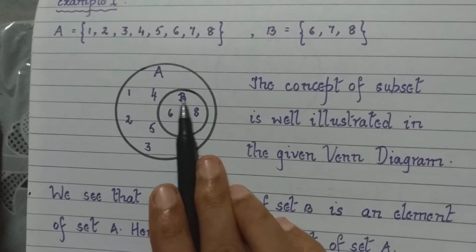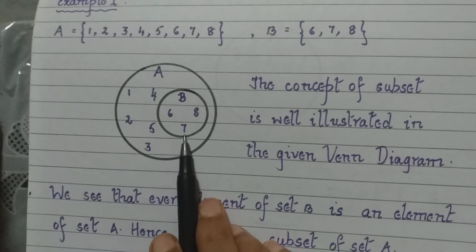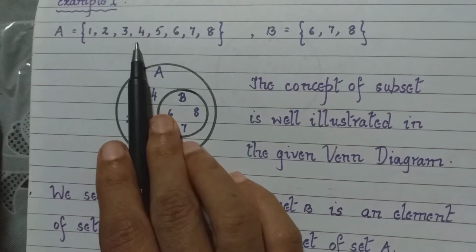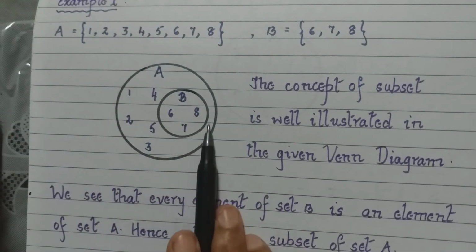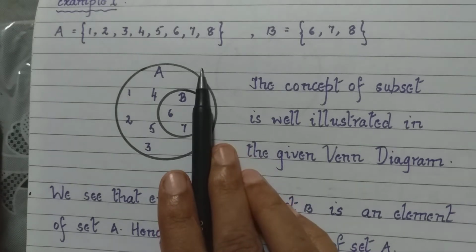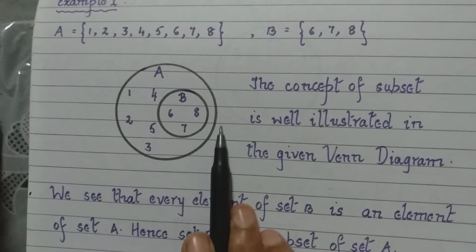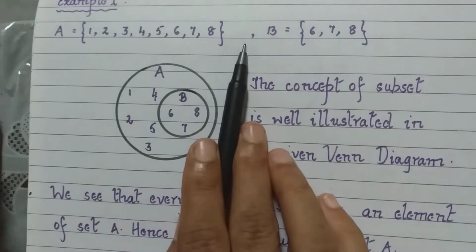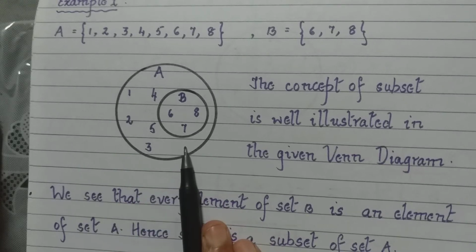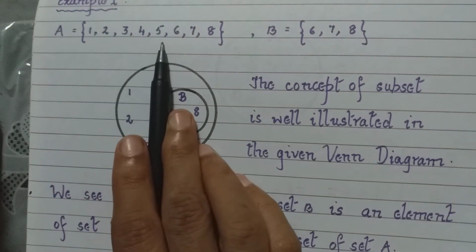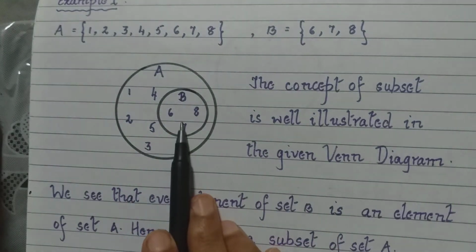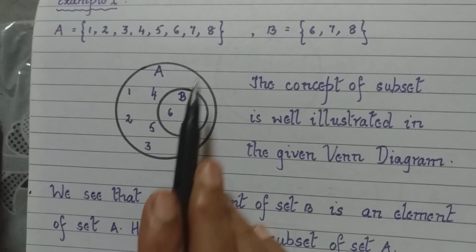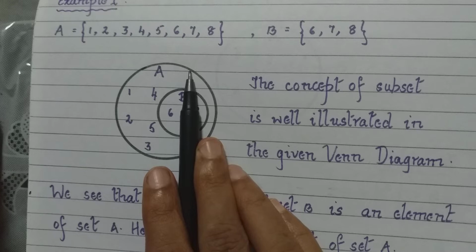If I represent the small set B here, since all these elements are also present in set A, we can make set B a part of set A. All the remaining elements other than 6, 7, 8 should be in set A, that is 1, 2, 3, 4 and 5. We don't write 6, 7, 8 again because they are already in B. So the remaining elements 1, 2, 3, 4 and 5 are written in this larger circle.